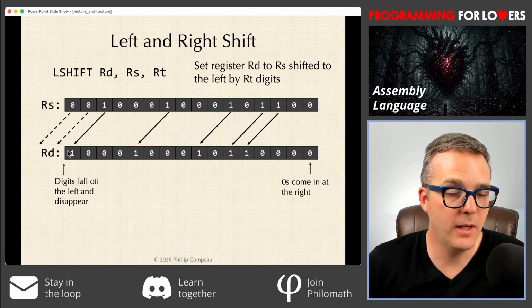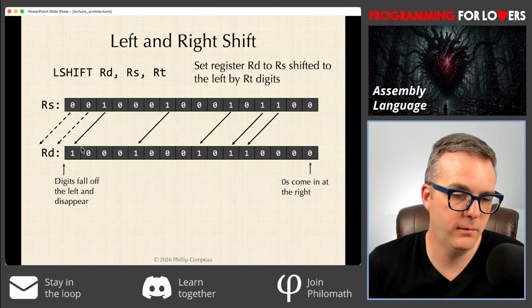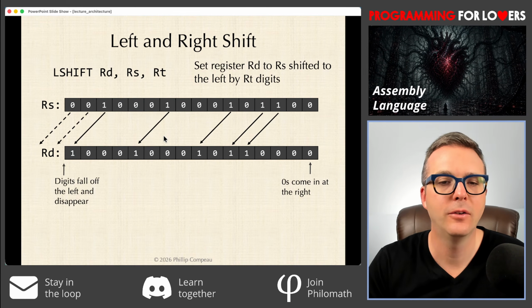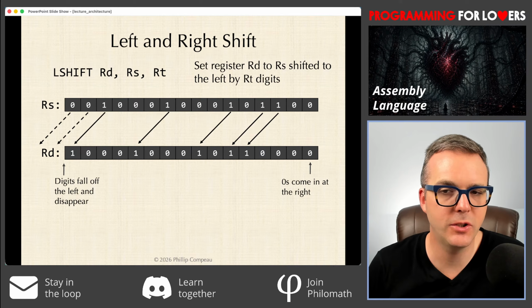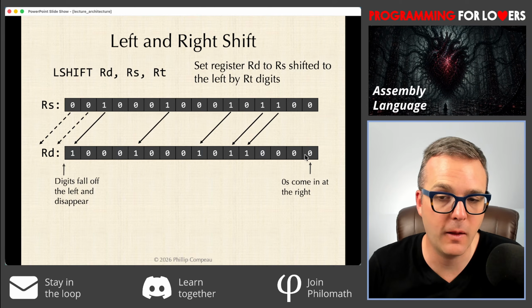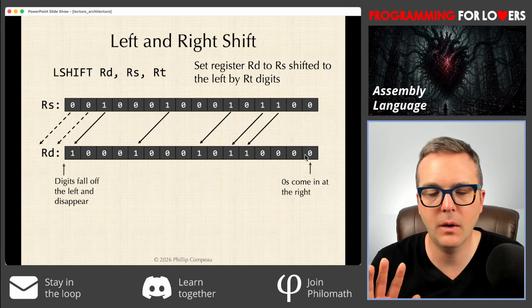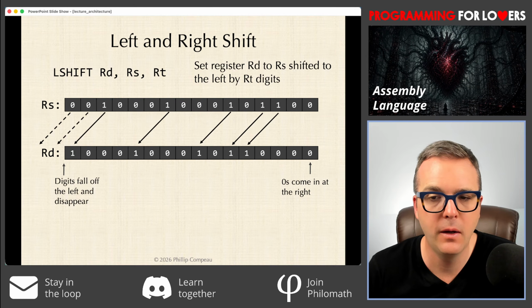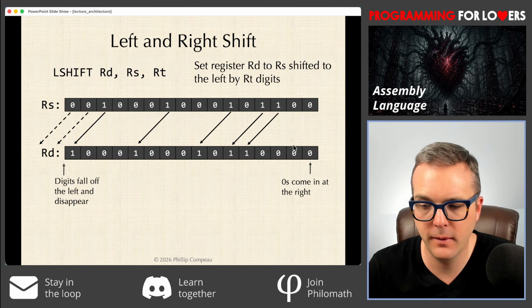This one would be the initial digit of the new number. All the other numbers would slide to the left 2 positions. And then you'll notice this 0 would come here. So you're going to get 2 zeros coming in at the right. So if you shift this number over by k digits, you're going to have k zeros populated on the right side.